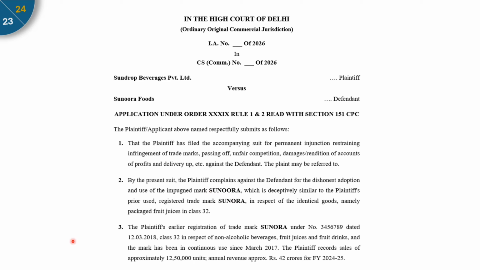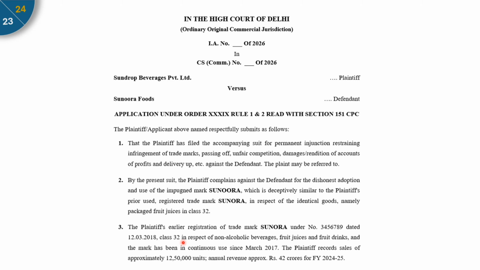Okay. Coming to paragraph 3, this paragraph exists to prove one specific thing: that the plaintiff has real and prior rights, not just a registration sitting unused in a drawer or somewhere else.